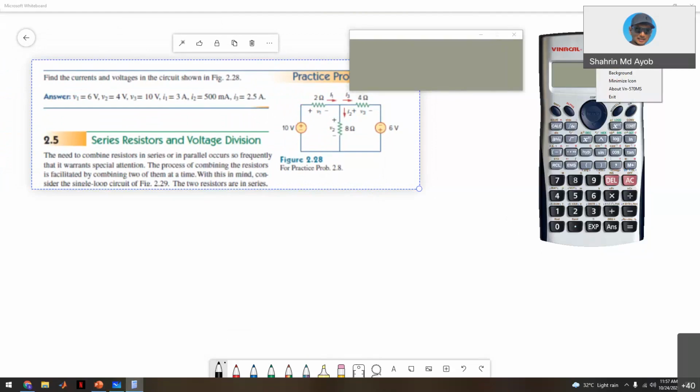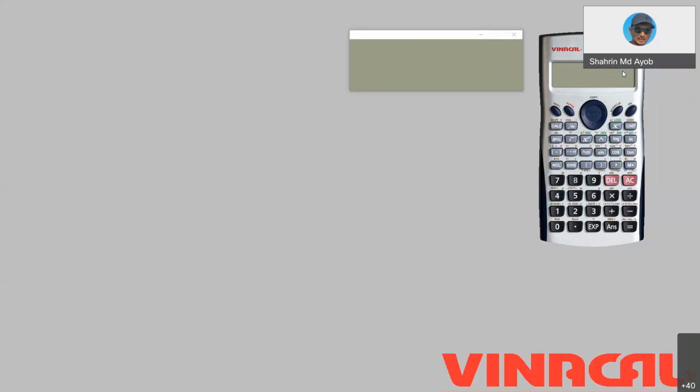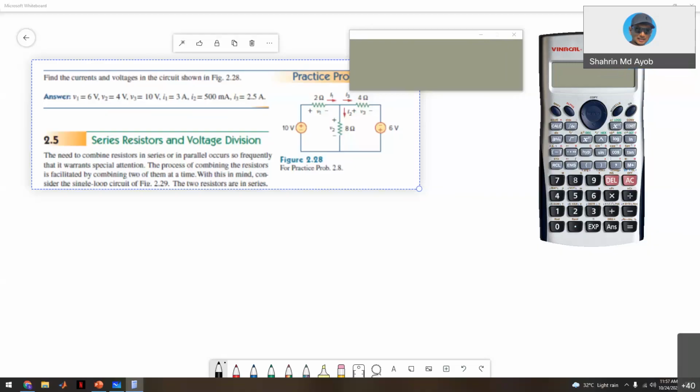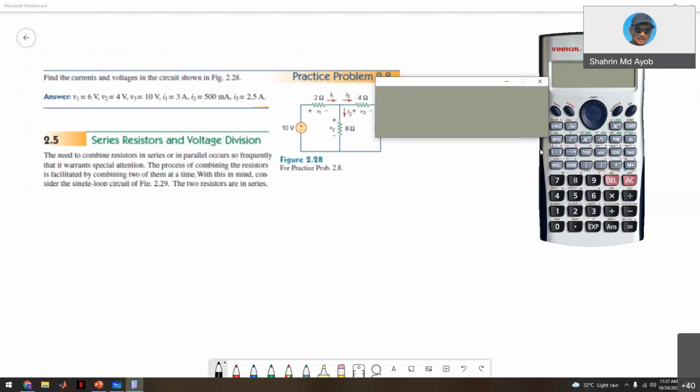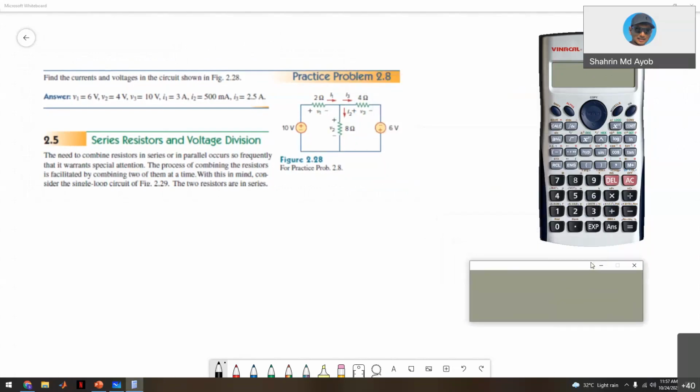This actually comes from your textbook, practice problem 2.8.